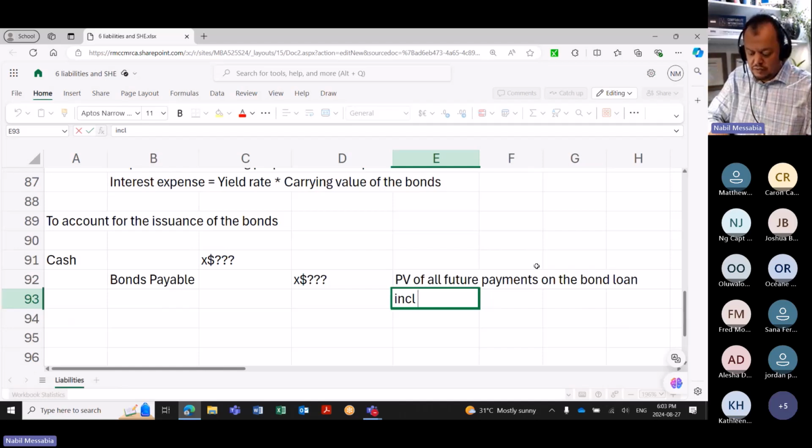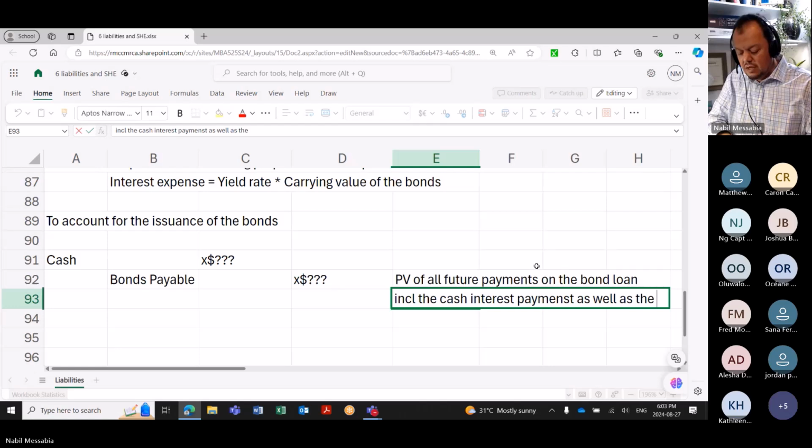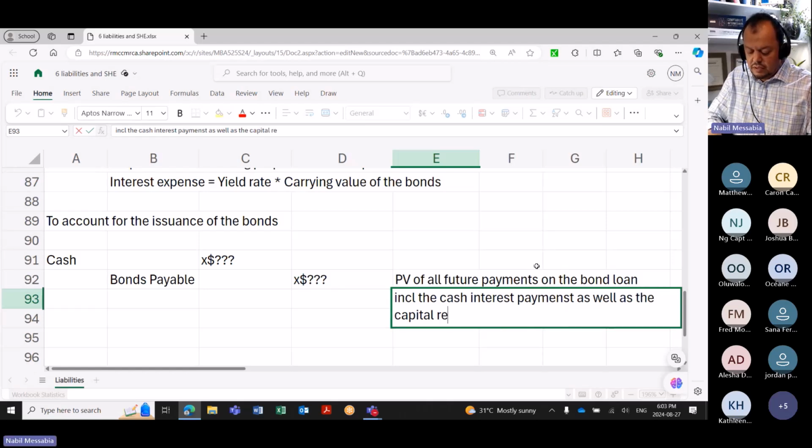So we include the cash interest payments, as well as the reimbursement of the capital at the maturity date.